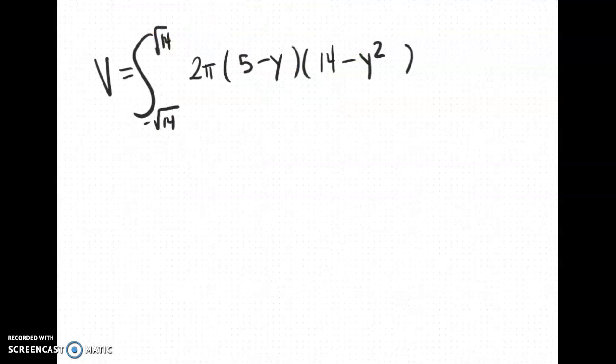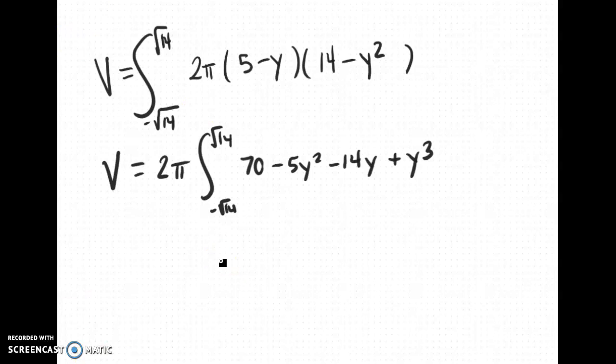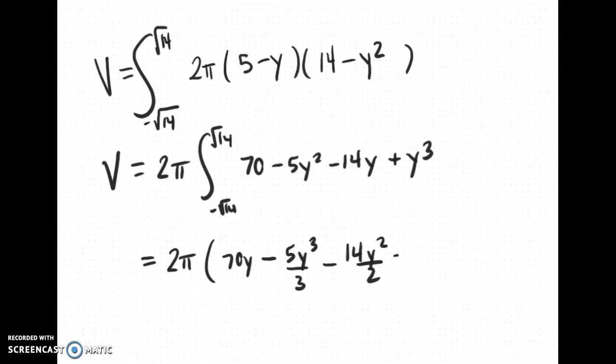And now let's do some algebra here. We can pull out the 2 pi. And then let's FOIL this. And we will get this, and then let's take the antiderivative, and we'll get 70y minus 5 times y cubed over 3 minus 14y squared over 2 plus y to the 4th over 4.